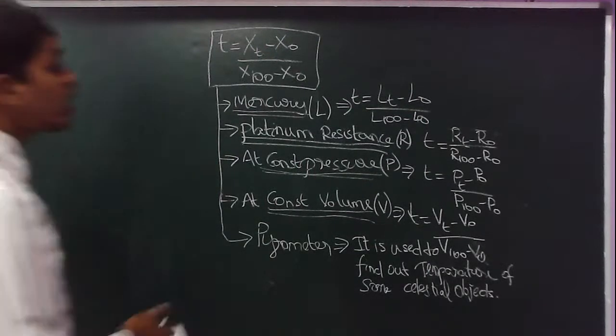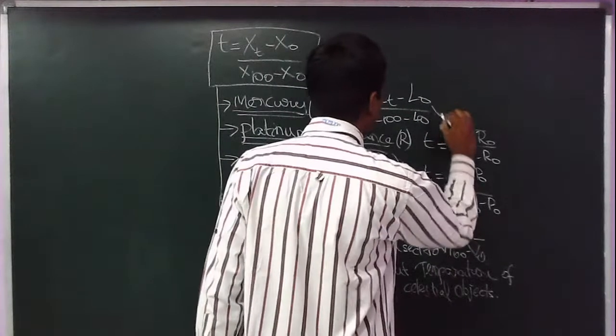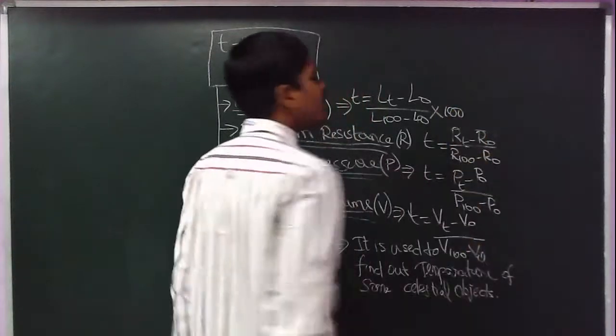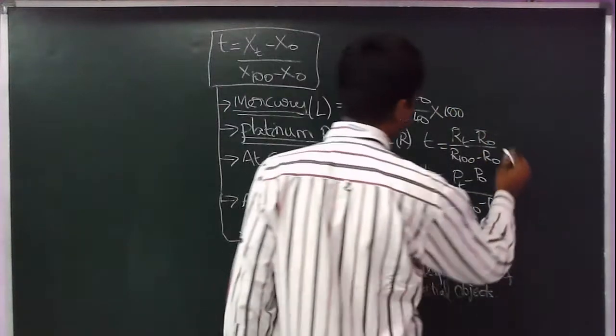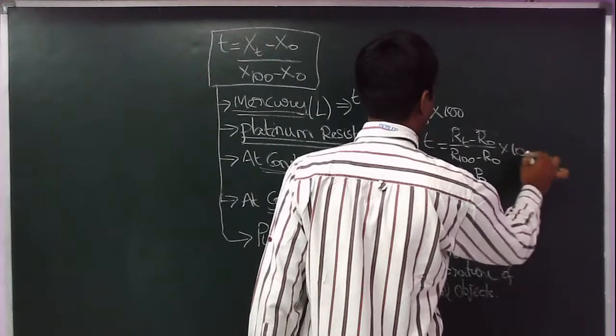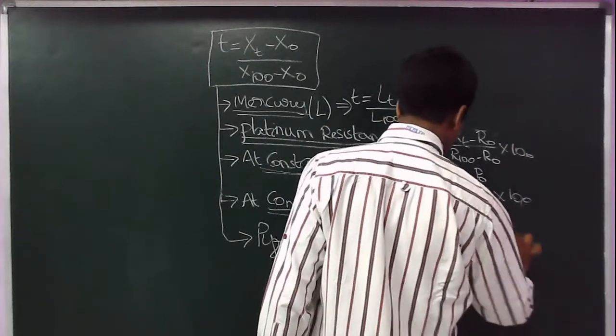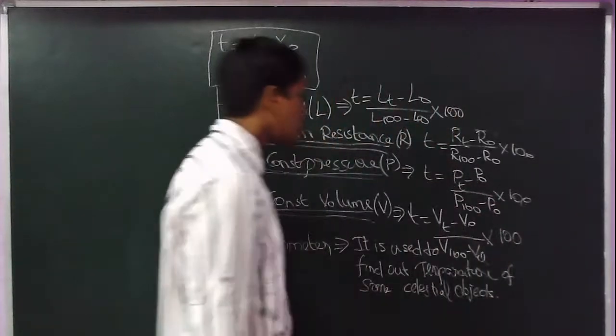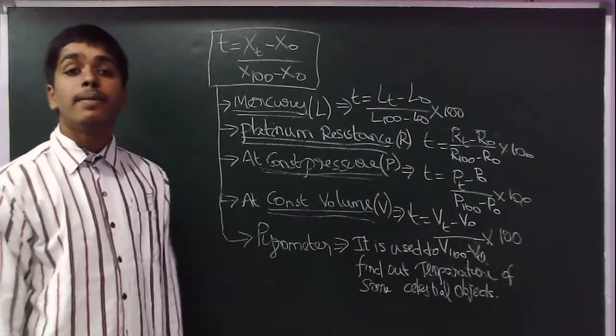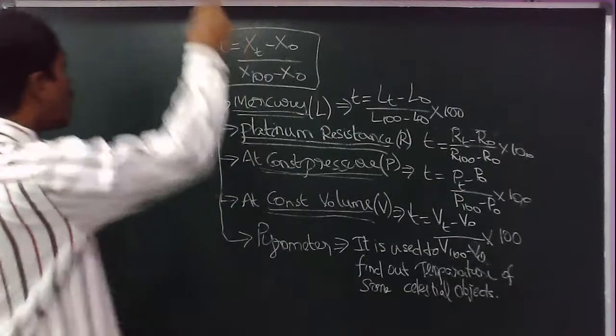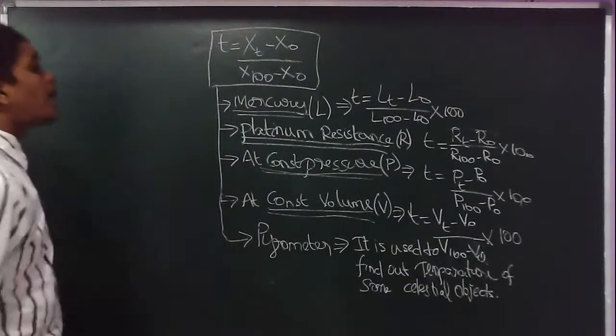Here we want to multiply, because if we do not multiply, the values will become wrong. It will become in the points. Okay, now let's solve some problems. After that we will continue the next topic.